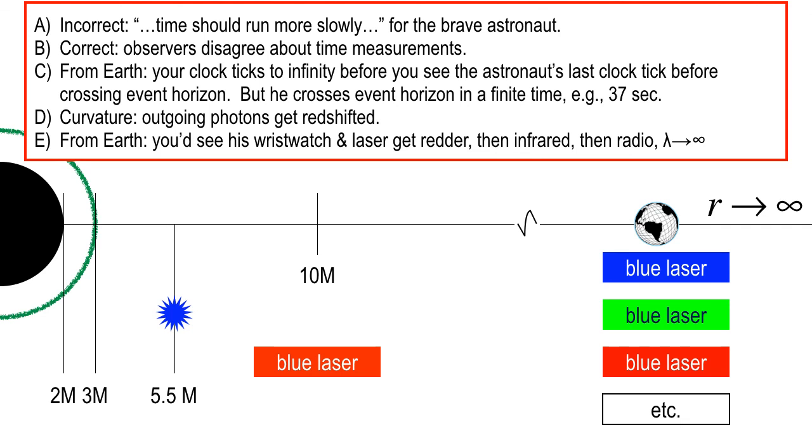And then he'll go into microwave, and then into FM radio, and then into AM radio, and then ultra low frequency, just to infinity. And so the frequency gets really small, the wavelength gets really big. So your information capacity is diminished.